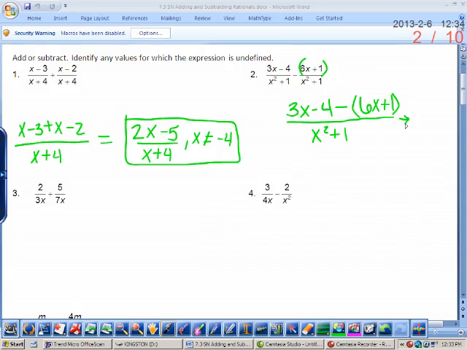So what we end up doing is 3x minus 6x, which is negative 3x, and then negative 4 minus 1, minus 5. Okay, where x does not equal what?